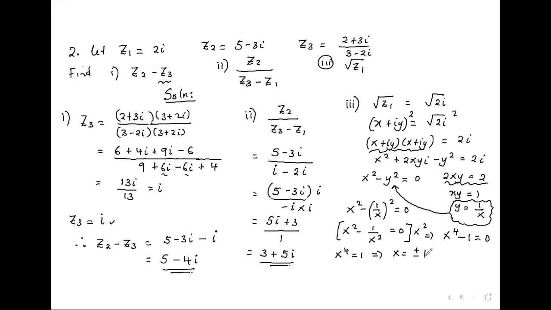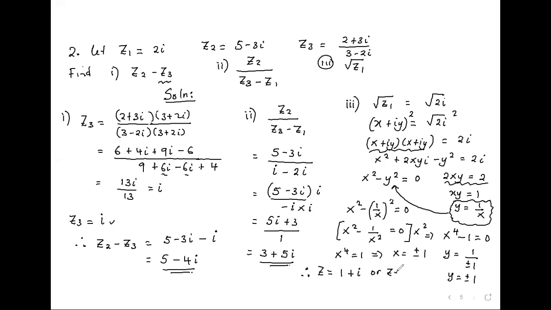Then we just say that y is equal to 1 over x, meaning that y is equal to 1 over plus or minus 1. Y is also equal to plus or minus 1. Meaning we have two options. So the answer we are getting is x plus iy, which is a complex number. Suppose it is equal to z. So we have z is equal to x plus iy. When x is +1, y will be +1. That will be i.